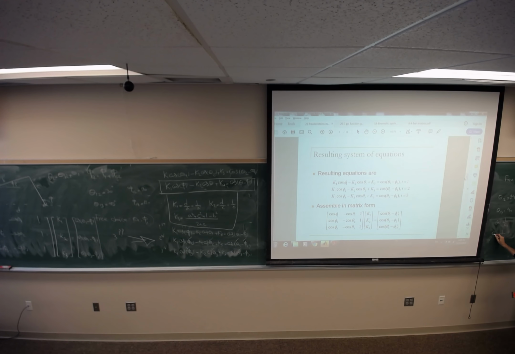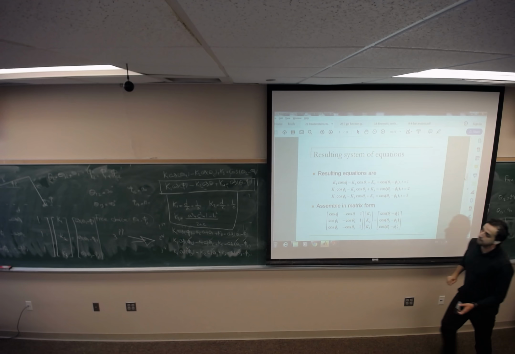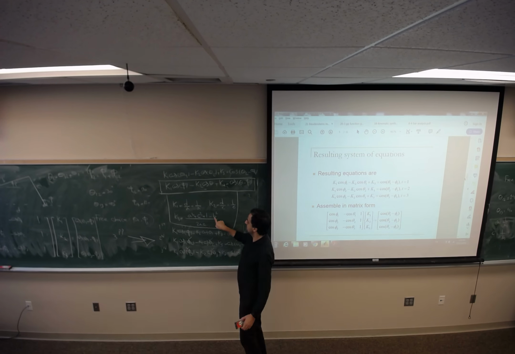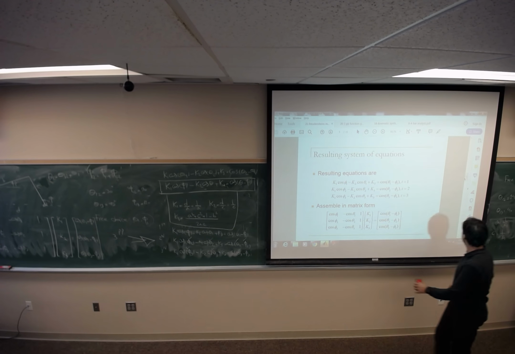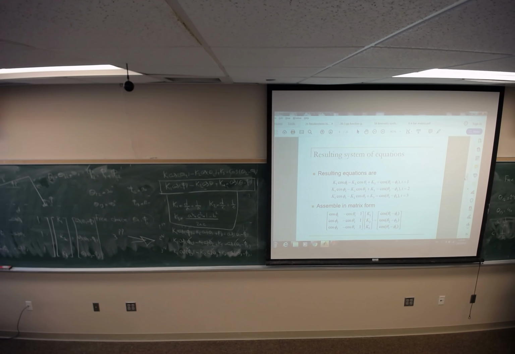C is 1 over K2, and D is 1. Then you solve for B. 2AC times K3: it's just A squared plus C squared plus 1 minus 2AC K3, and that's B squared.